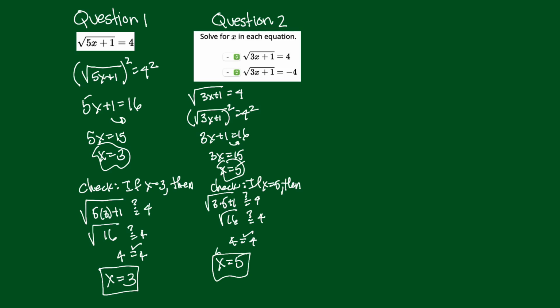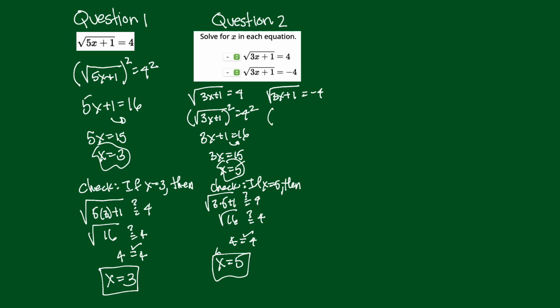Now let's do this next one. So we'll start here. Square root of 3x plus 1 equals negative 4. Now, I'm getting the square root of some number, and I'm getting a negative. Now, when we solve these equations, we're going to have to check. So let's see.